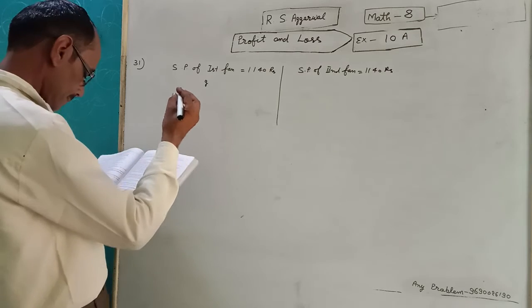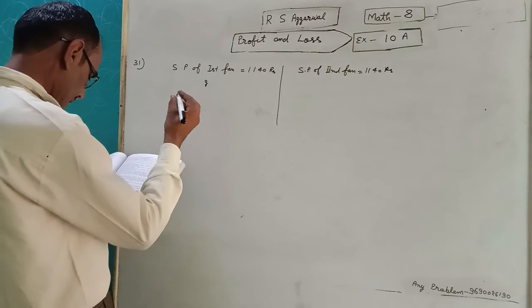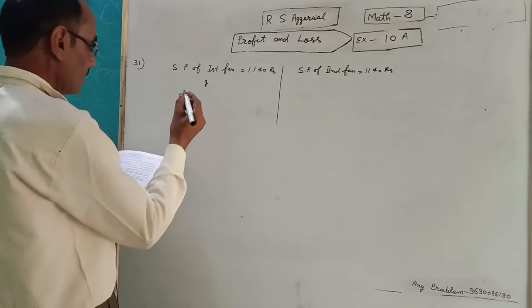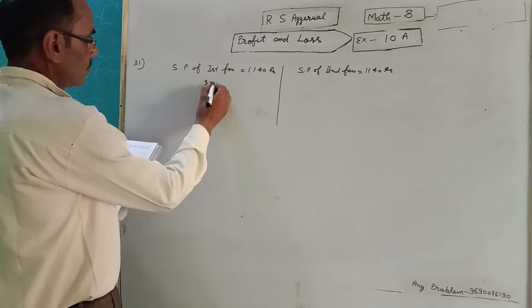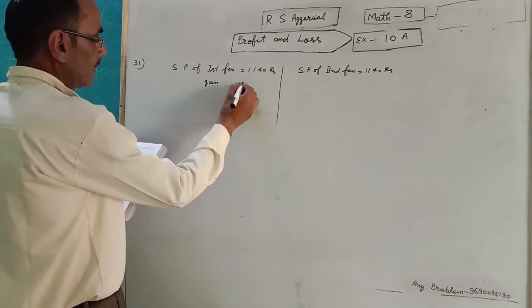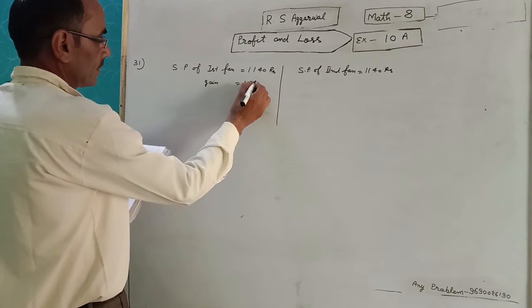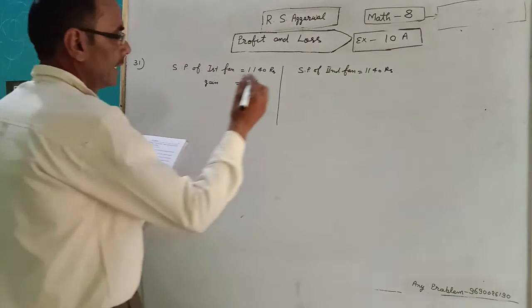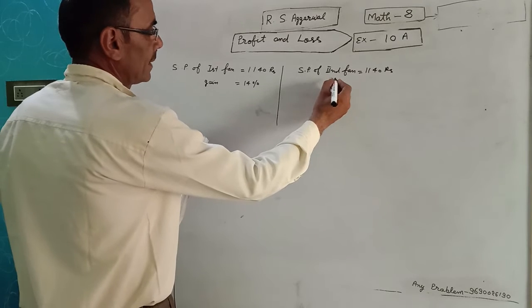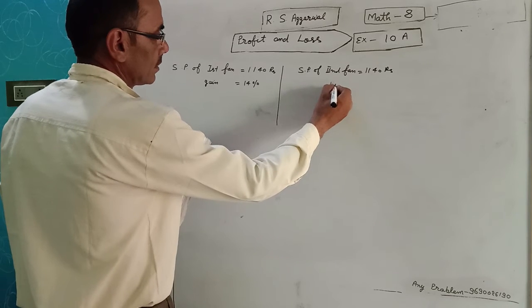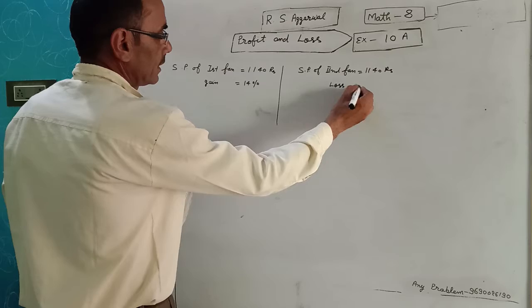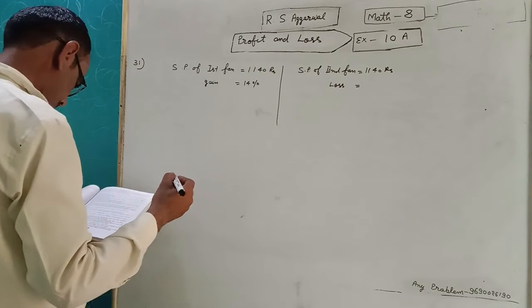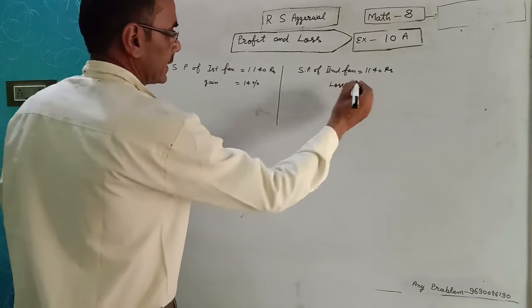To sell the first fan, gain is equal to 14%. 14% gain, and to sell the second fan, loss is equal to 5%.